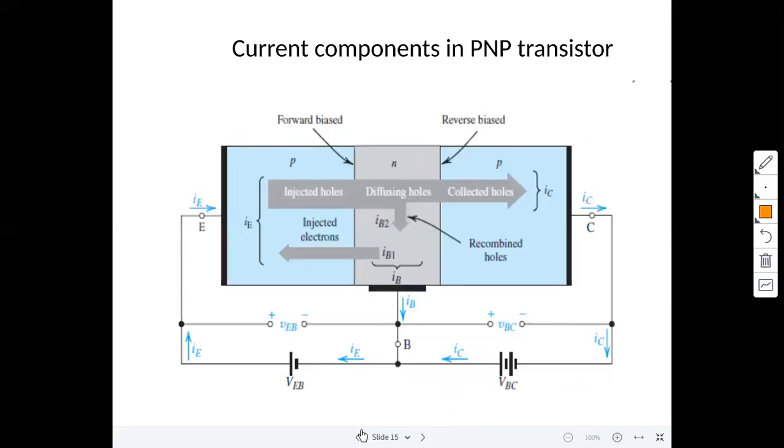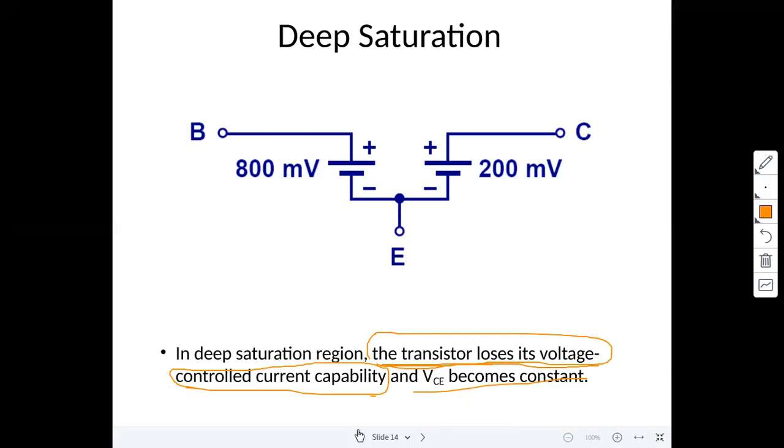Okay, that is about the transistor in saturation region. The overall concept is, in a transistor operated in saturation region, both the emitter junction and collector junction are forward biased. When VCE is less than about 0.4 volts, we can say that the collector base junction is also forward biased.